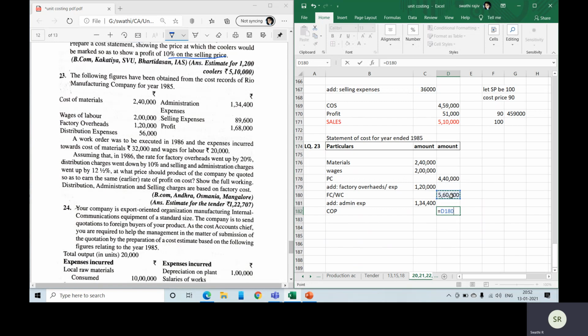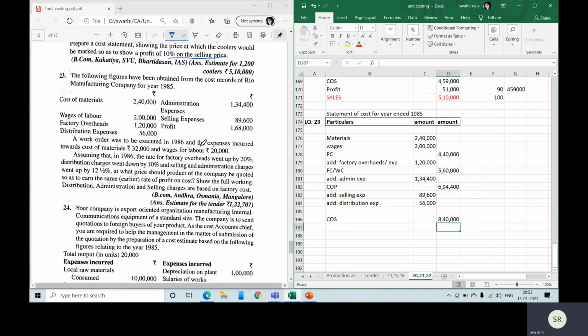Cost of production is going to be my works cost plus administration cost, and after that I'm going to be adding my selling expenses, which are going to be 89,600, and you have something called distribution, which is again part of expenditures. It is 56,000. So together this will give me cost of sales, that is cost of production plus selling expenditure and distribution expenditure. That is 8,40,000.